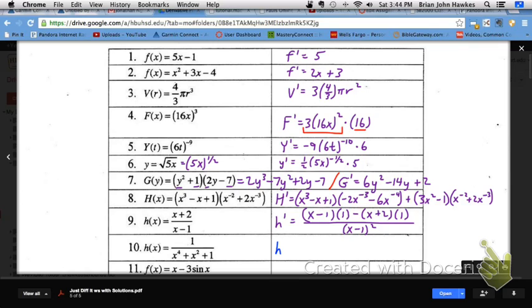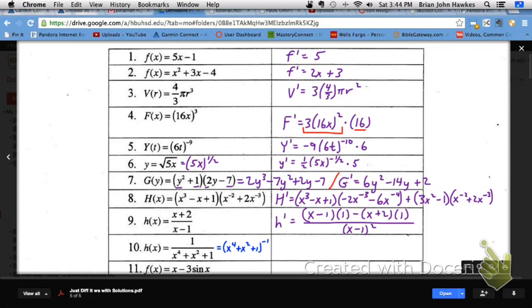H of x, you know what? I'm going to rewrite this. I don't want to use the quotient rule. In fact, I'm going to use the quotient rule as little as I possibly can. So what I'm going to do here is rewrite this function as x to the fourth plus x squared plus 1, to the negative 1 power.